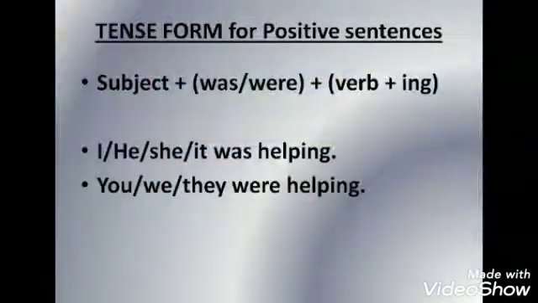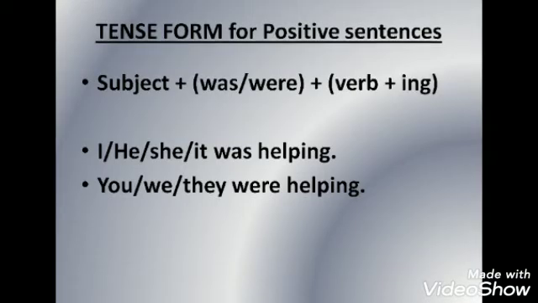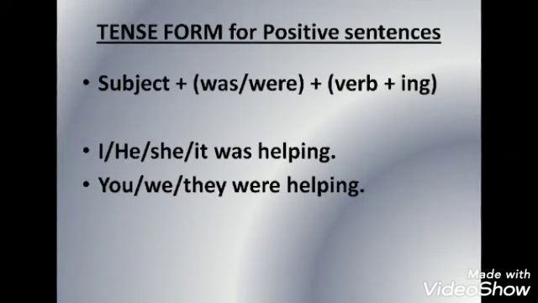Tense form for past continuous tense. Now we will learn the tense form for positive sentence, for negative sentence, and for interrogative sentences. I want you all to note down all these forms in your English 2 copies.